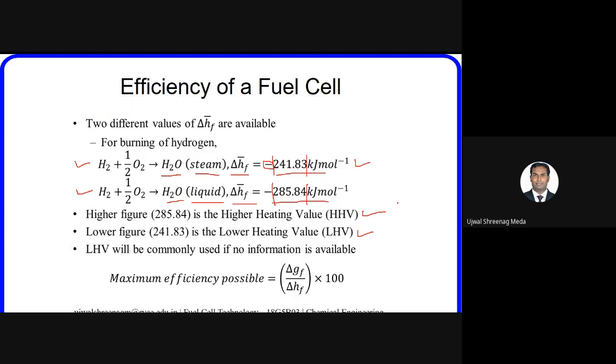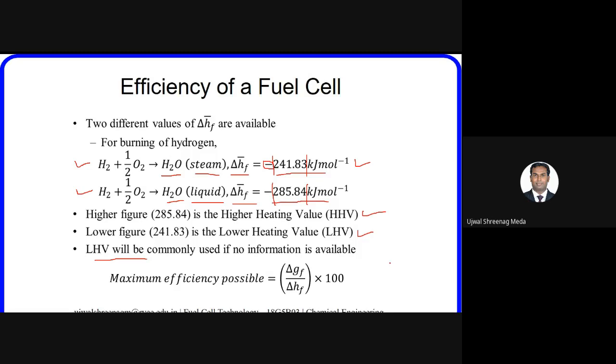And when nothing is mentioned, it should be considered as LHV. If they do not clearly mention whether the calculation is based on HHV or LHV, it is usually LHV.